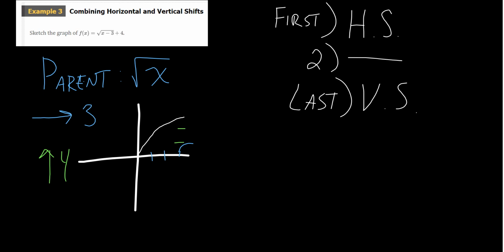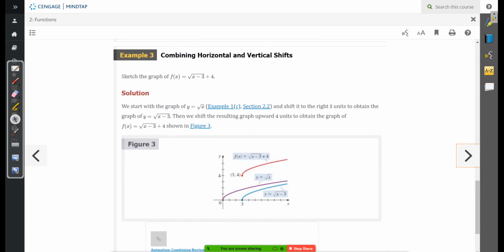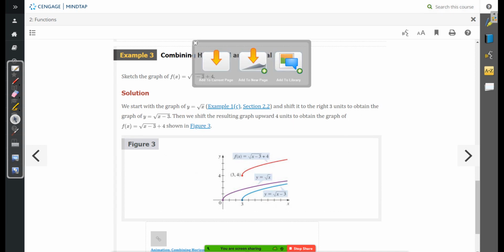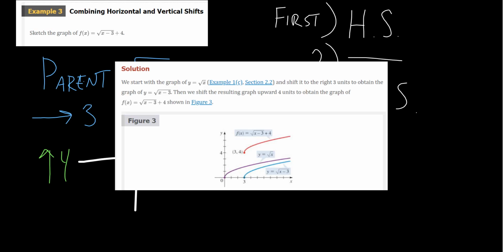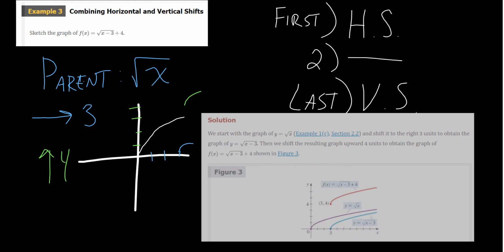Actually, let's put it on the actual axis. 1, 2, 3, 4. Of course, my graph isn't really that great, so I'm just going to go ahead and snip this. Will that fit? Yeah, that'll fit.